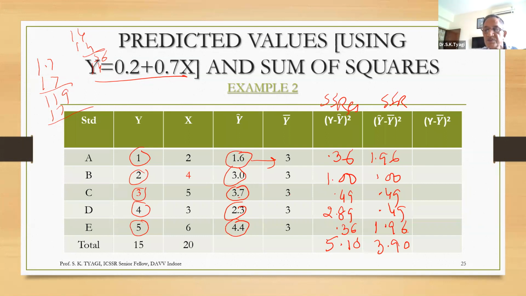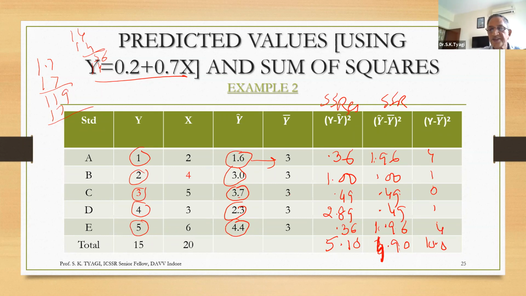This is 4.9. Adding up: 1.96 plus 0 plus 0.49 plus 0.49 plus 1.96 comes to 4.9. The total is 10. Y minus y bar squared gives 4, 1, 0, 1, 4, which totals 10.